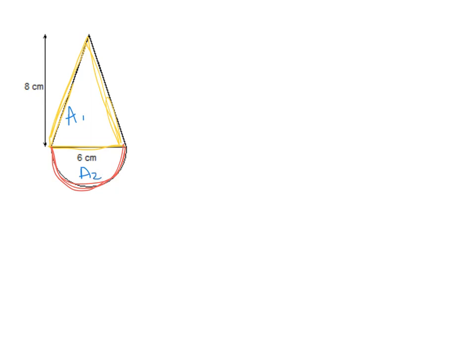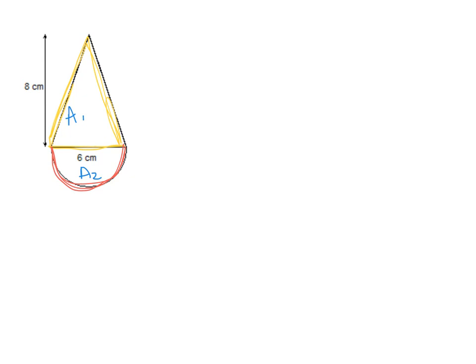Then I need to think, are there any lines, lengths, or sides that I need to know to solve this? Well, in order to find the area of a semicircle, I need to know the radius. So the radius is going to always be half of the diameter. I can see the diameter here is 6.